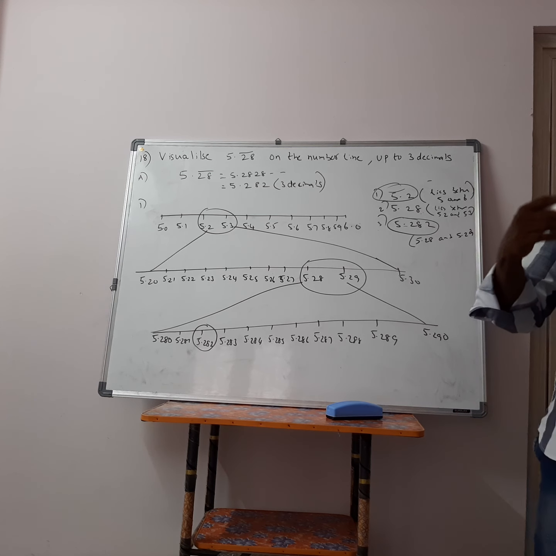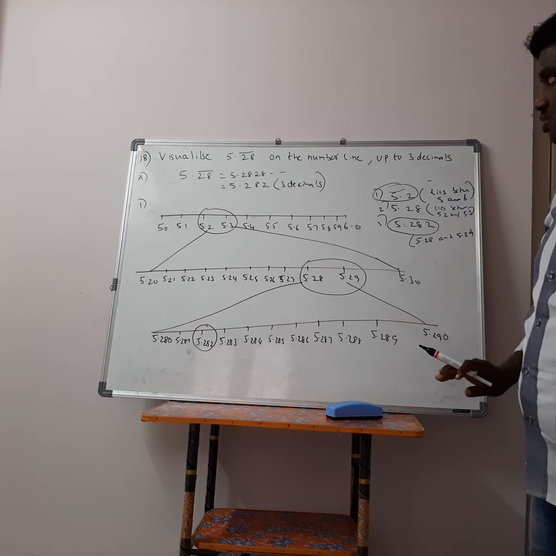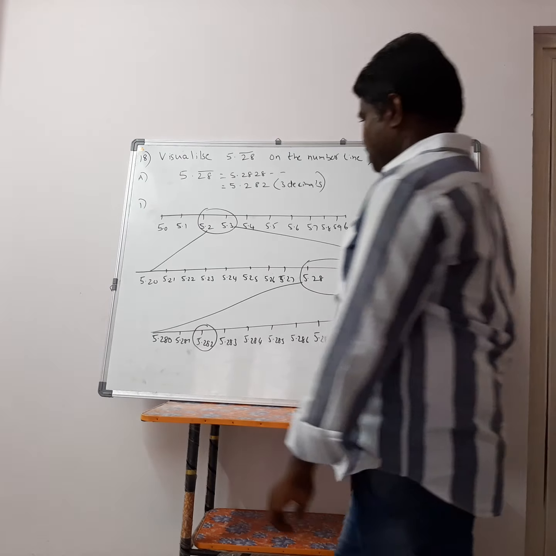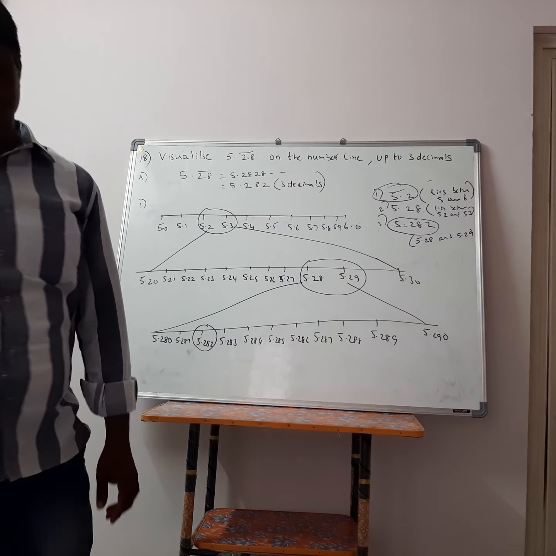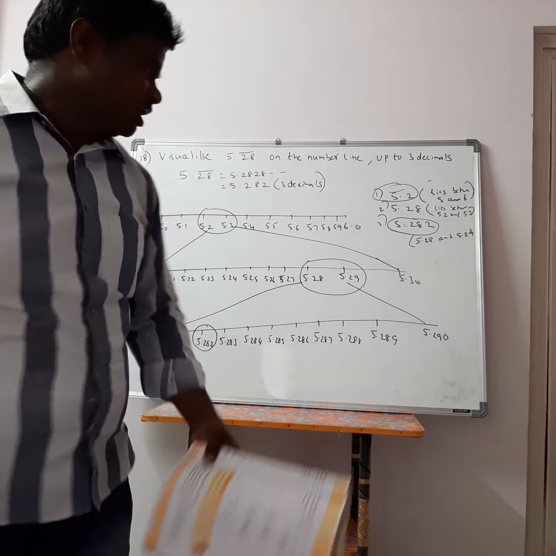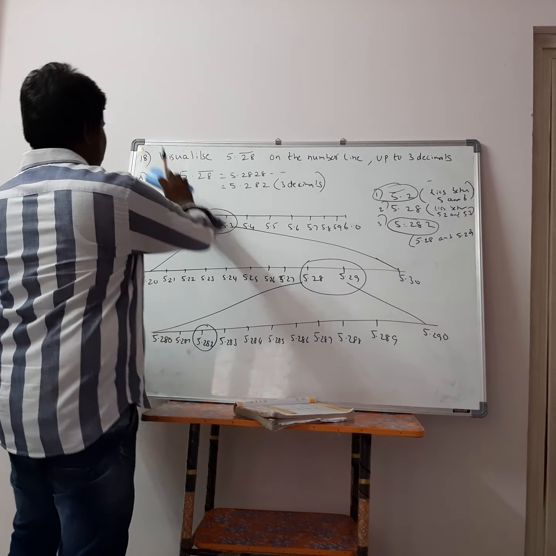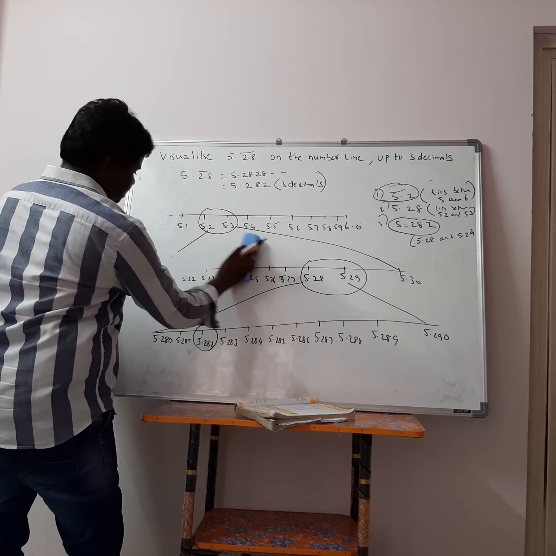Same method, I will explain another problem also. So if you see this one, now I want to go to the same question, 3.58 bar. Then you will understand. Many children are asking.